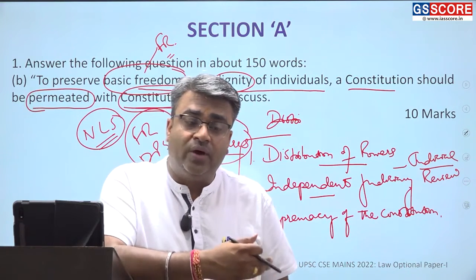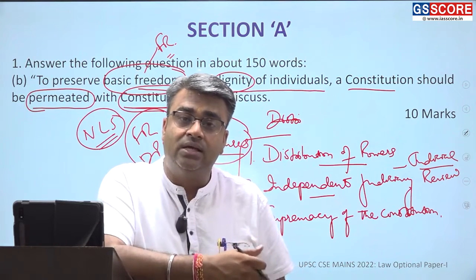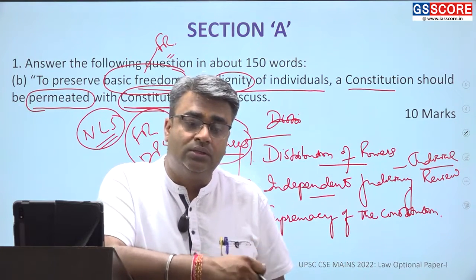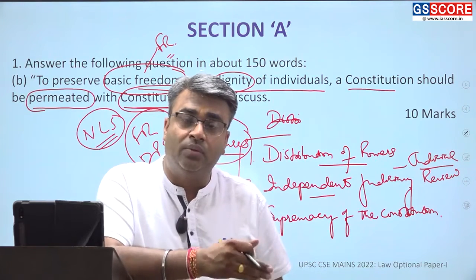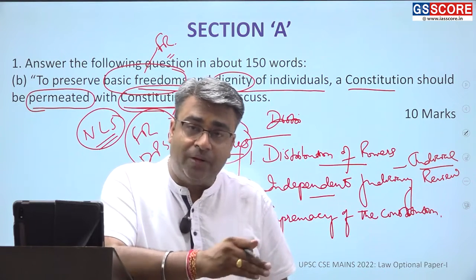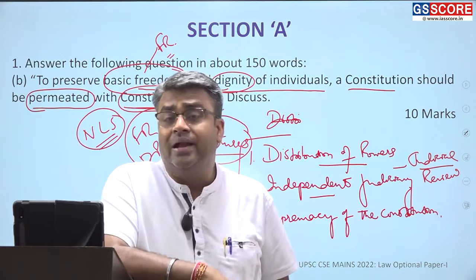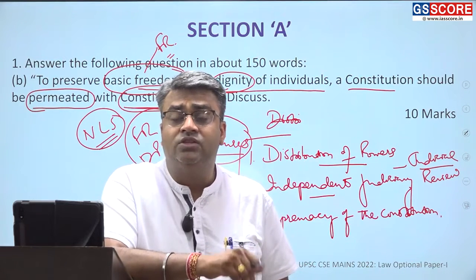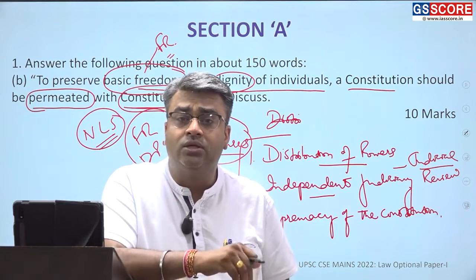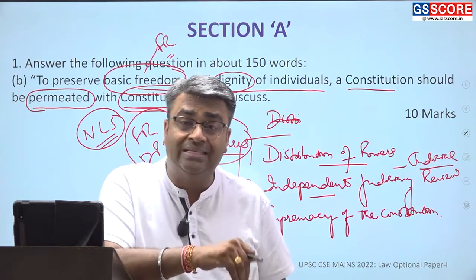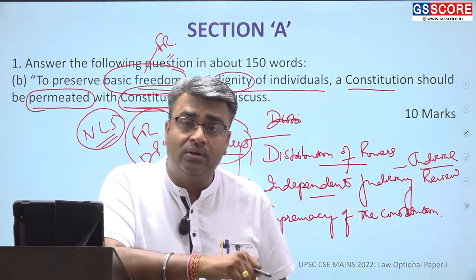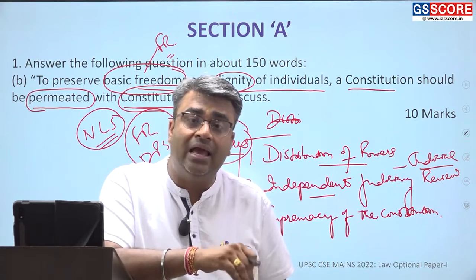So you just mention why basic freedoms, basic rights are necessary for any human being. Just write that right to life, right to liberty, freedom of speech and expression, right to equality. These are the fundamental rights which are necessary for the proper survival and the proper existence of the human being. Because it is the nature who has created us.